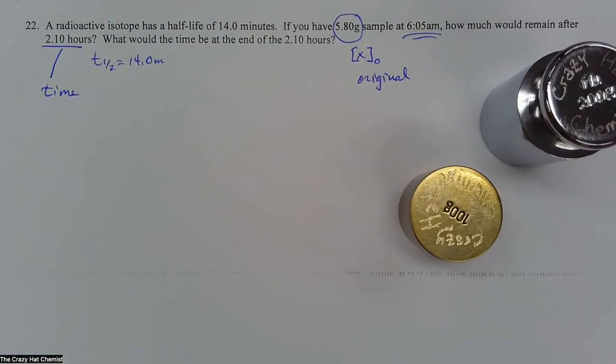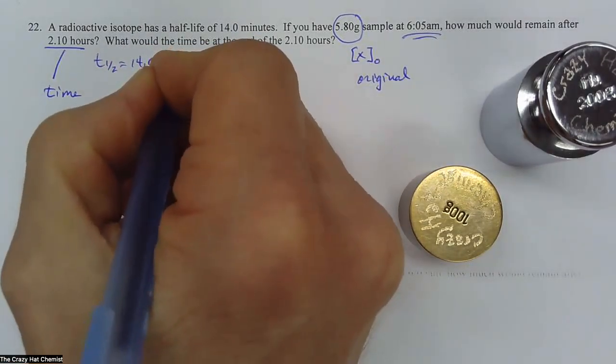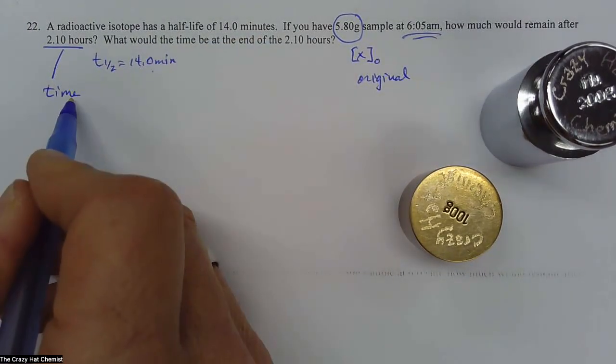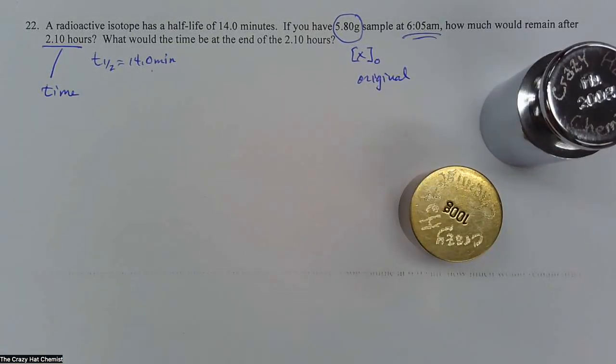All right, so what we need to do here is figure out, first of all, how much time has elapsed, because we have our half-life in minutes and we have our total time in hours. So we're going to convert our total time into minutes.